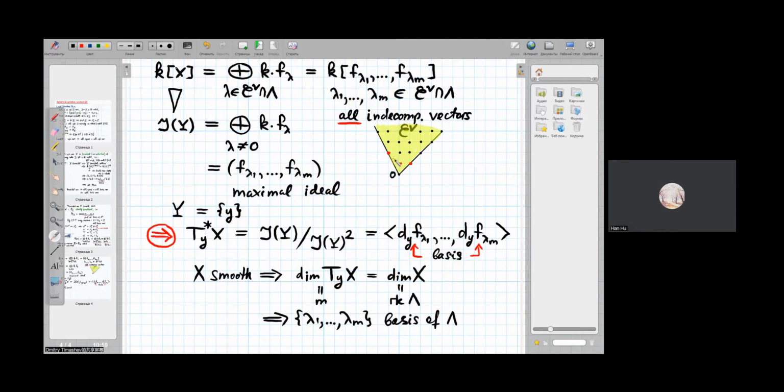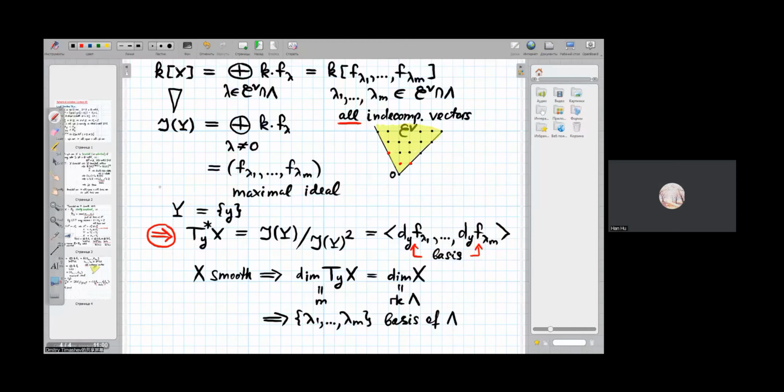And also these vectors generate all other lattice vectors in this cone. This means that they are a basis of this lattice. So the cone generated by them is a sublattice of lambda, and their dimensions are the same. So yes. Oh, yes, I know.